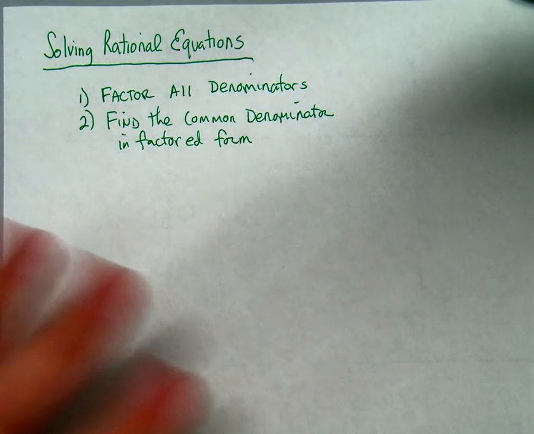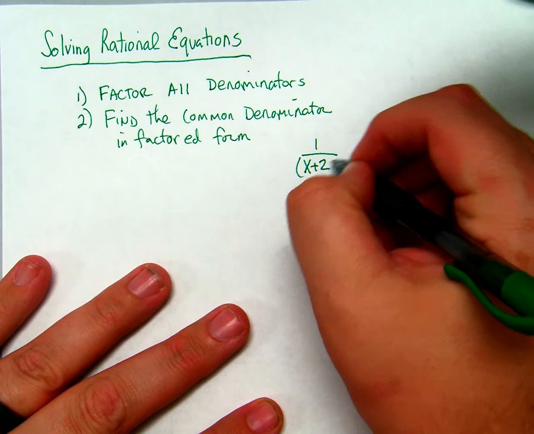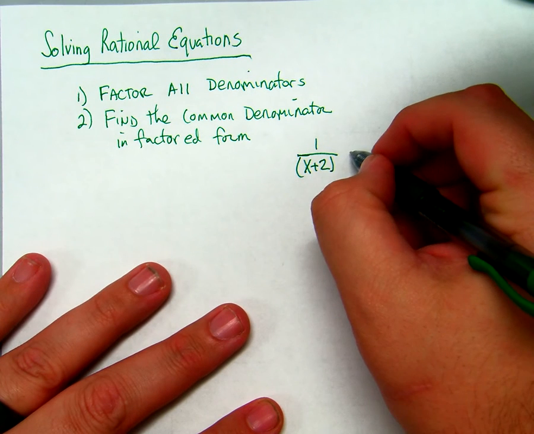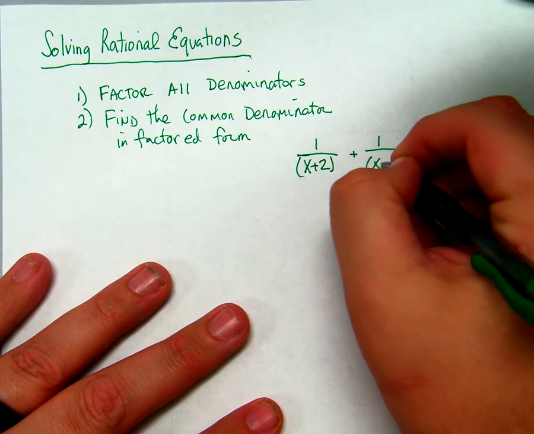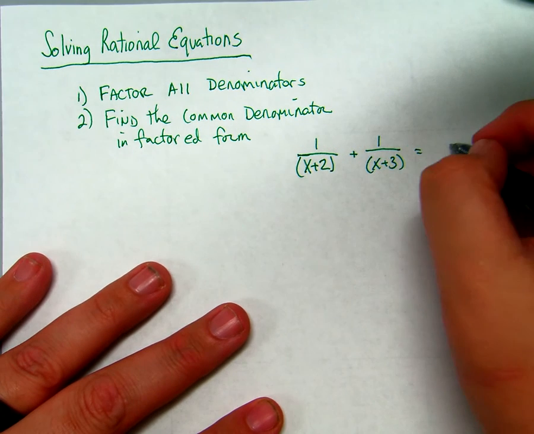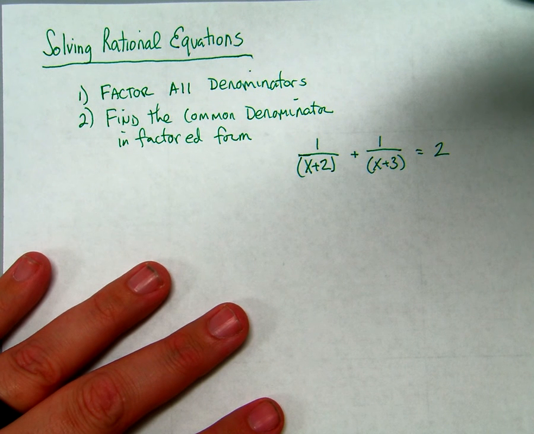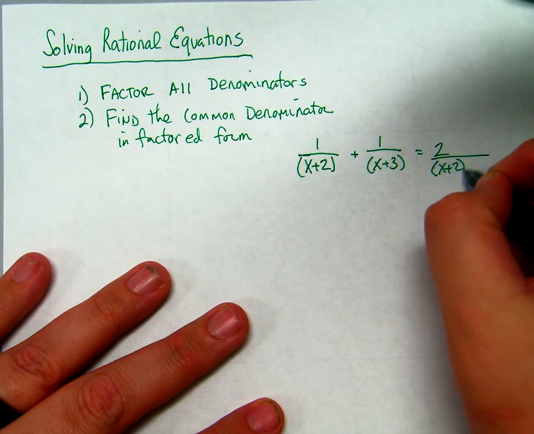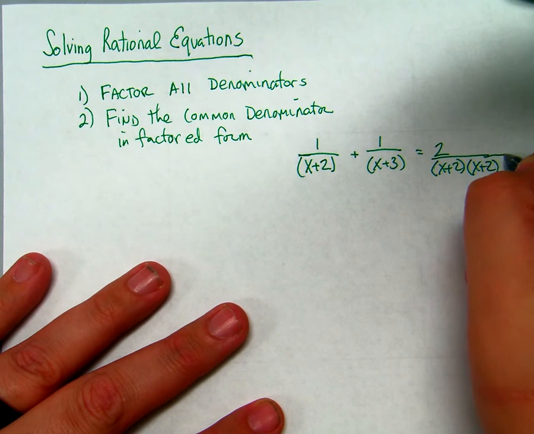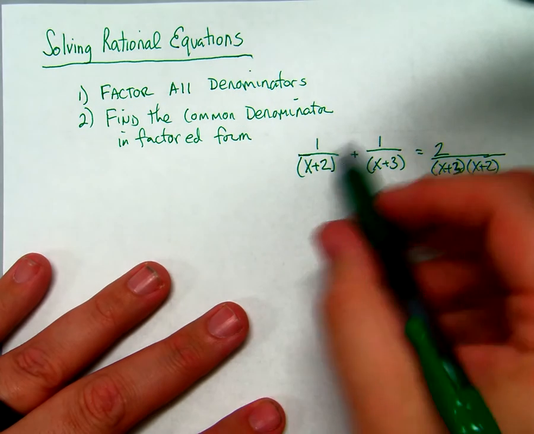Now, for example, if you have 1 over x plus 2 plus 1 over x plus 3 is equal to 2, and that 2 is over x plus 2 times x plus 3. Now, what would be the common denominator?